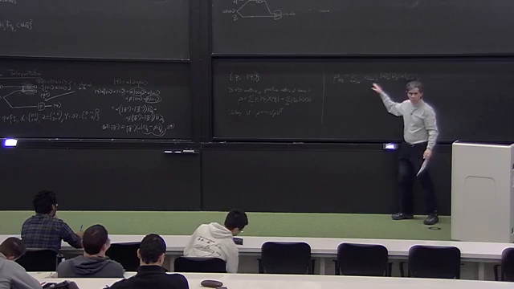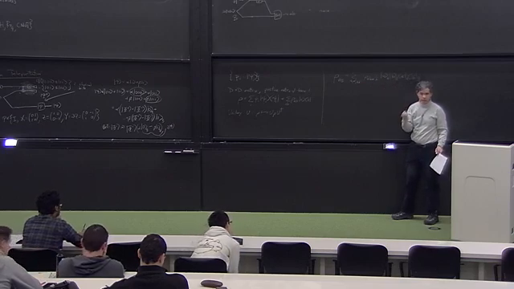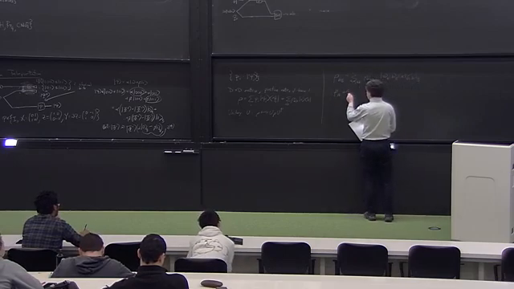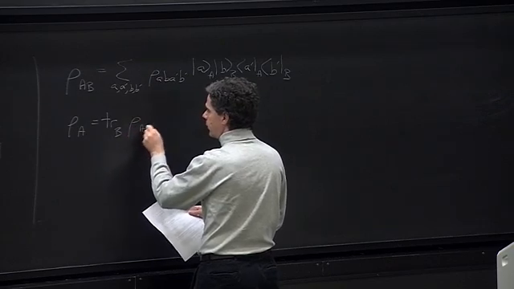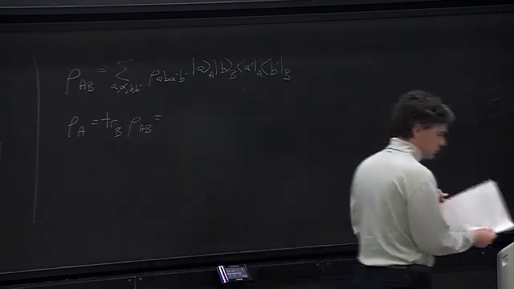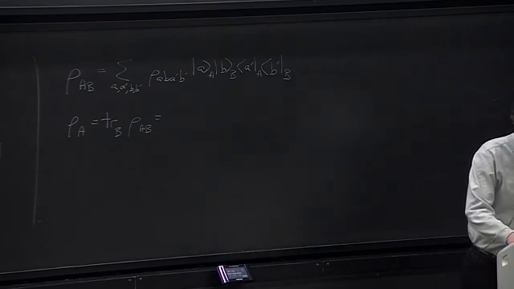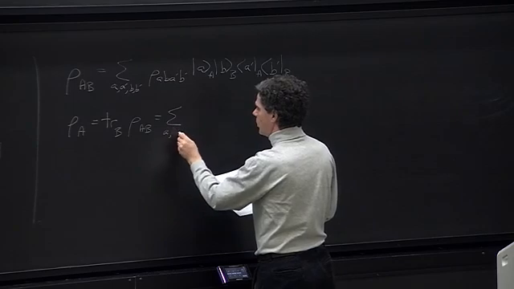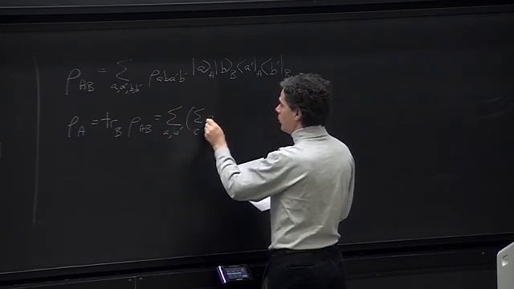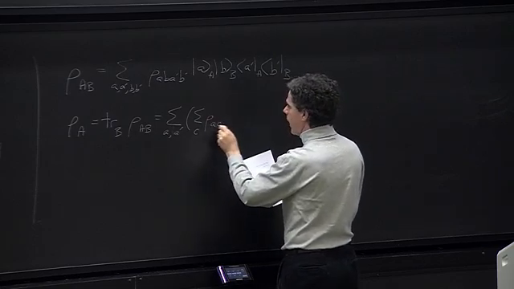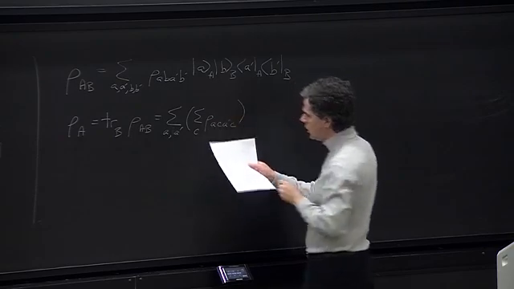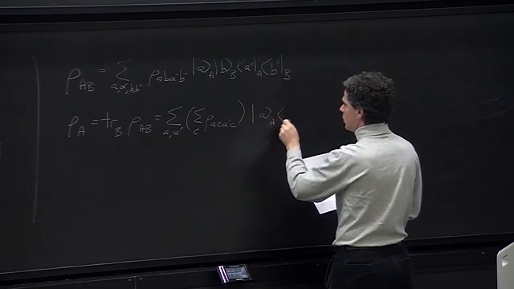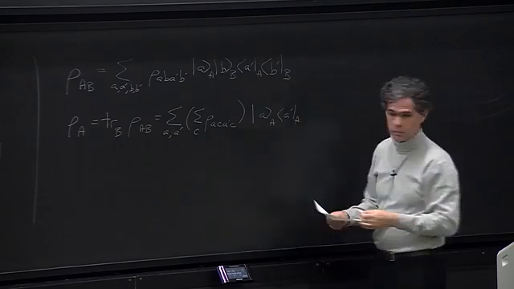And from this bipartite density matrix, we can derive the density matrix for just one part of it. The state rho A is going to be the trace over B of rho AB, which is AA prime. And so the density matrix for that is sum over C of AC A prime C.